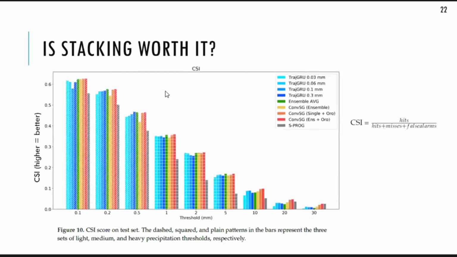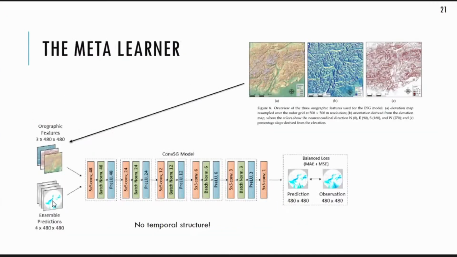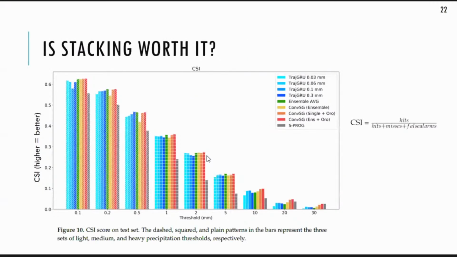In orange we have just a single member plus orography, done to see if we actually gain something from using the whole ensemble. In red is the final product using everything: model stacking, all of the ensemble members, and the additional orography information. All of this is compared to the gray one, the Lagrangian persistence model, the optical flow approach.